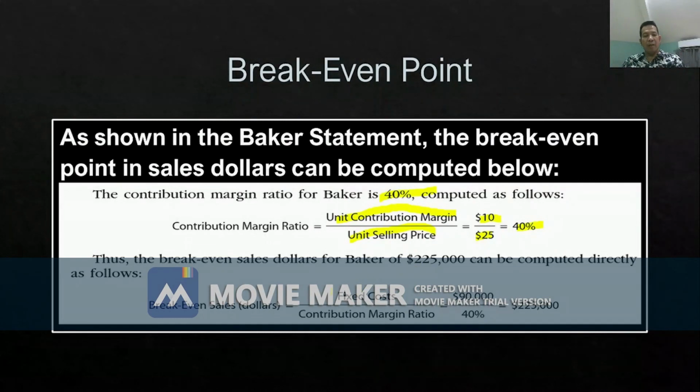Kasi break-even sales dollars is equal to $90,000 over the contribution margin ratio of 40%. So the break-even point in sales dollars, we have $225,000.